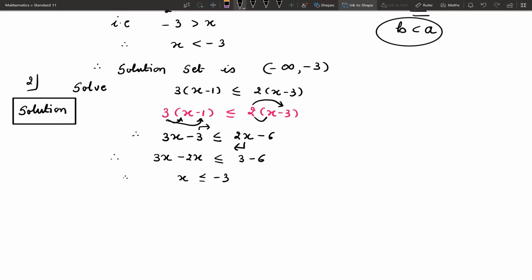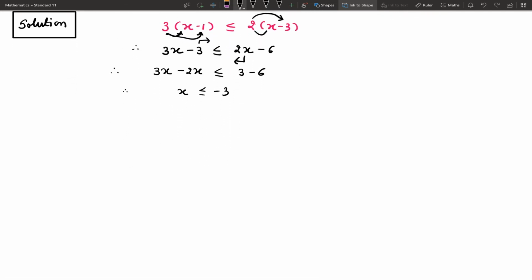X is less than or equal to minus 3. Now the inequality is slack, so the solution set is, if we denote it on the real line, minus 3, minus 4, minus 5, minus 6, and so on up to minus infinity.